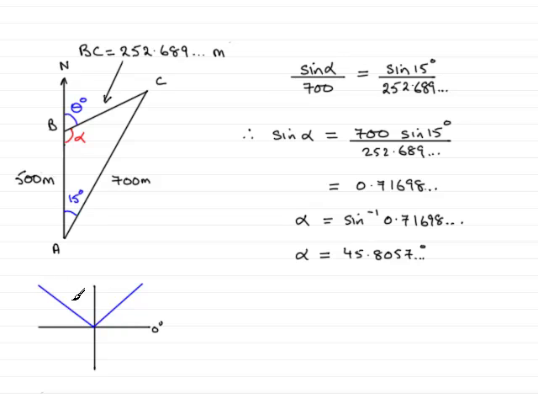So if I mark two lines like that and mark in these two angles always to the horizontal, which are the same, then when I do the inverse sine of 0.71698, I can expect to get either this angle, or between 0 and 180, another solution is this angle round here.